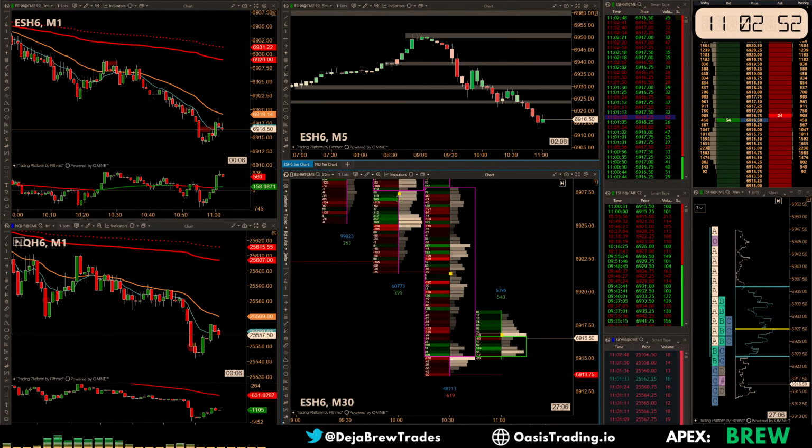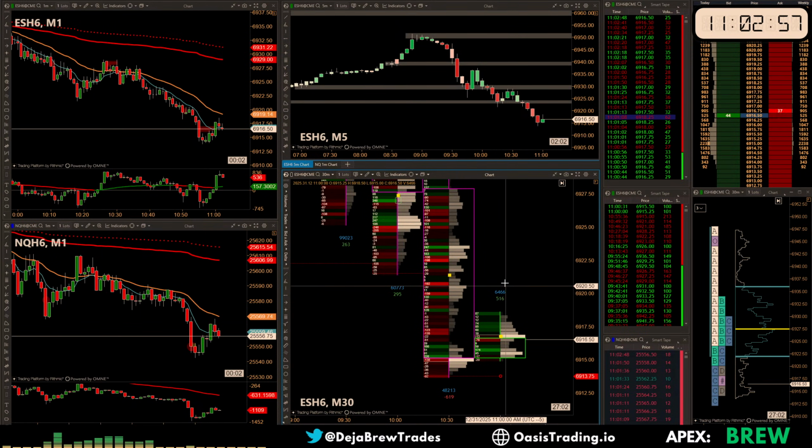Single prints are instantly filled in. That's good. See if it stays below the 24 here.